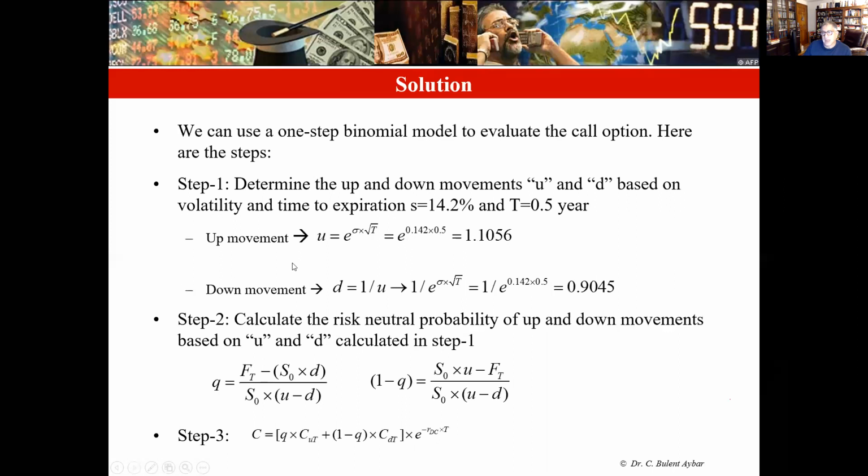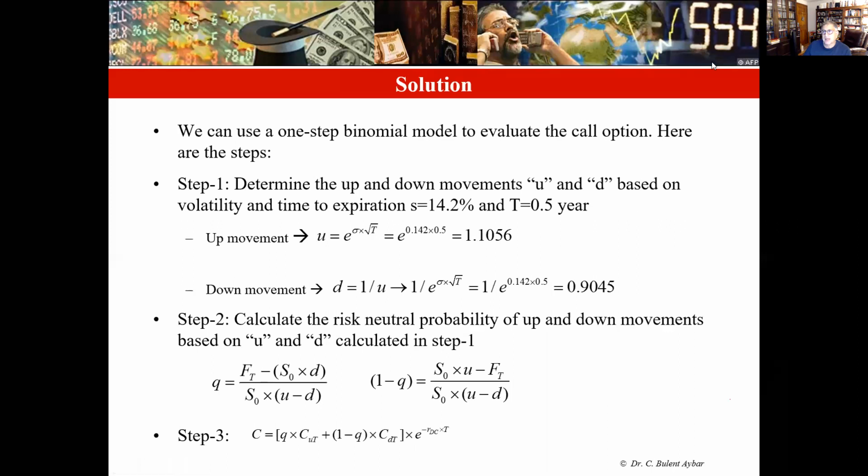This means that the spot price goes about 10.56% up at any given time, or roughly about 9% down within that time frame. So U helps us to find the up value of the spot price.